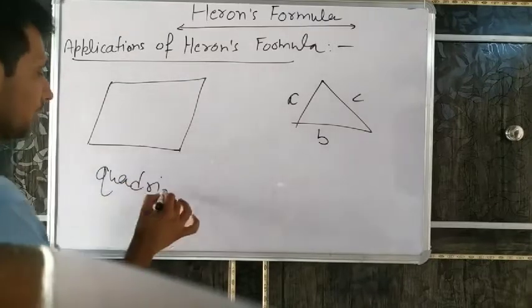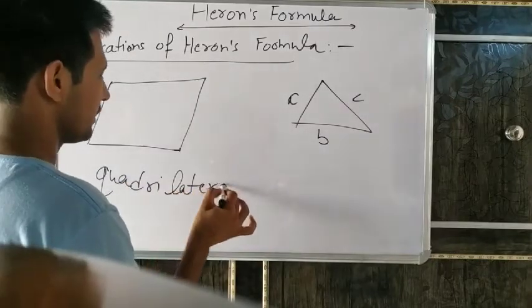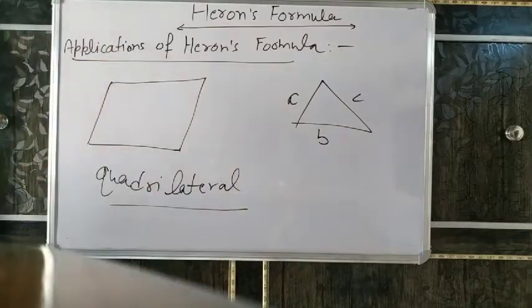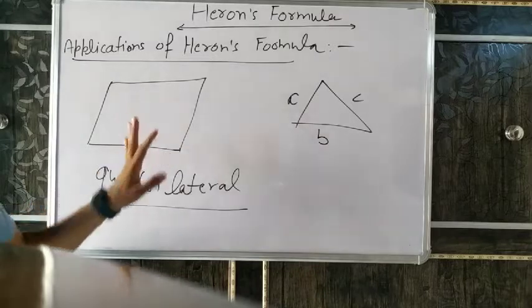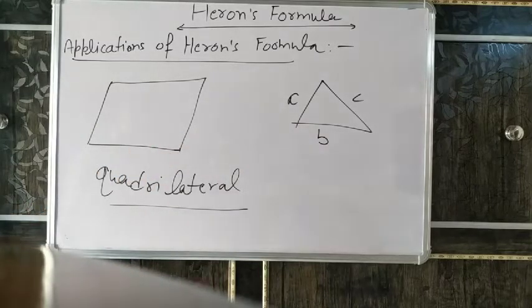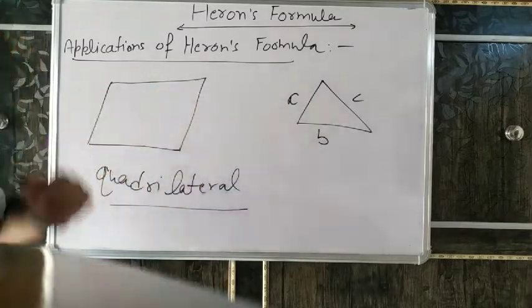Quadri means four, lateral means side. So we can use Heron's formula to find the area of a quadrilateral.